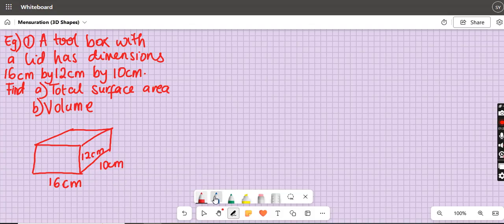Now, to find the total surface area, let's call this TSA. There's a formula, but you can also sketch the net and use the net to help you remember the formula.